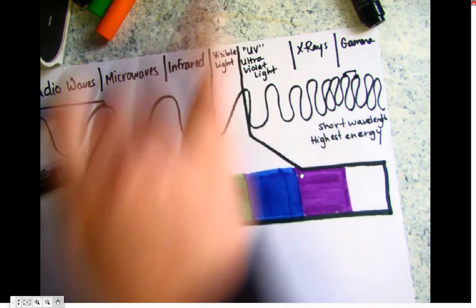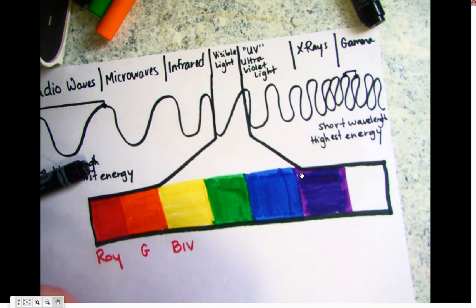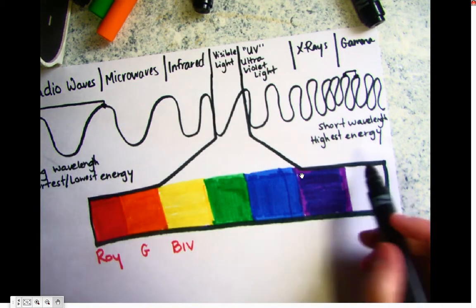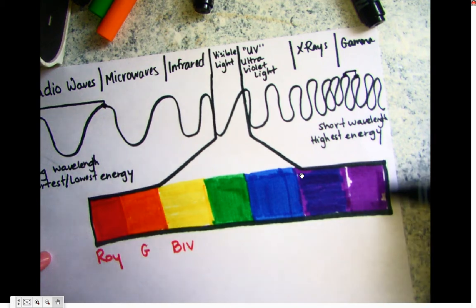Maybe we can mix them together and make a little bit of an indigo. Kind of, sort of. You get the point. And at the very end, we've got our violet.